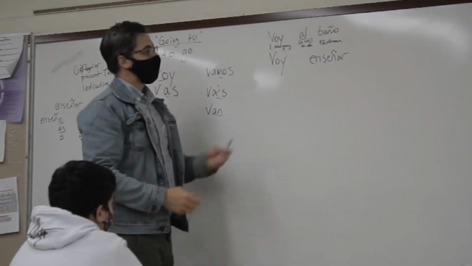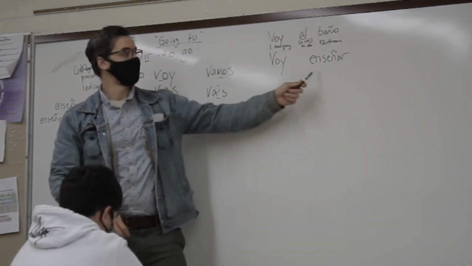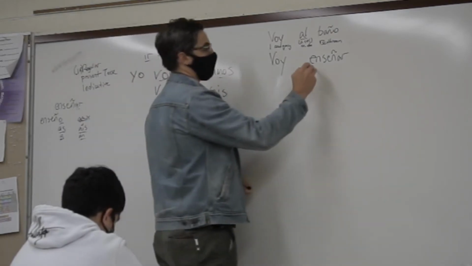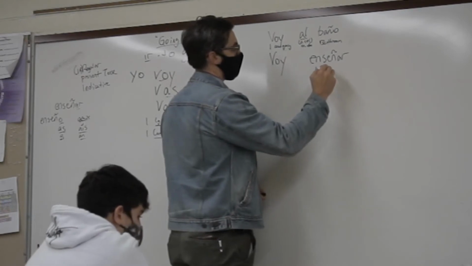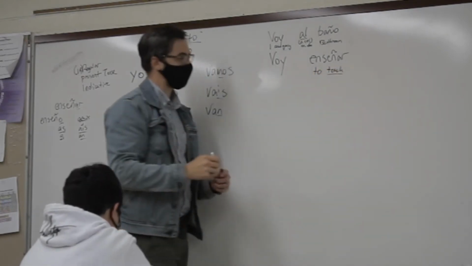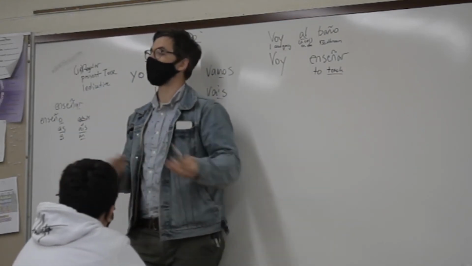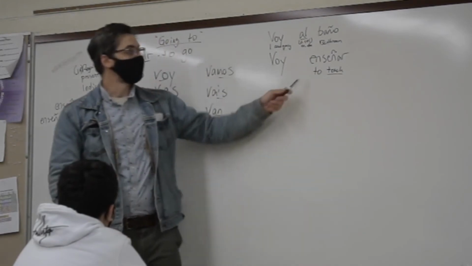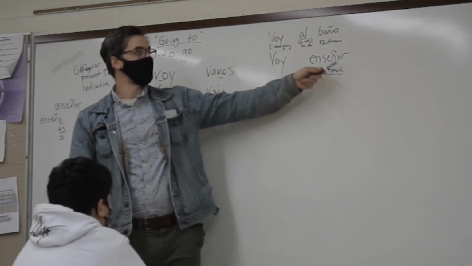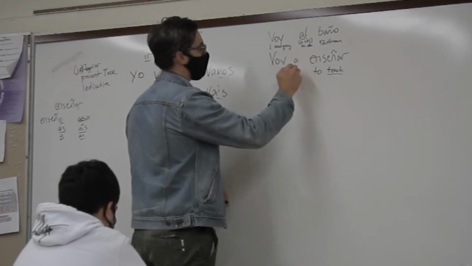When we want to say I am going to do something, these infinitives have in them the idea of to do whatever. So to teach. Hablar does not mean speak, it means to speak. So even though these infinitives mean to, you still need to add the word a, which means to.